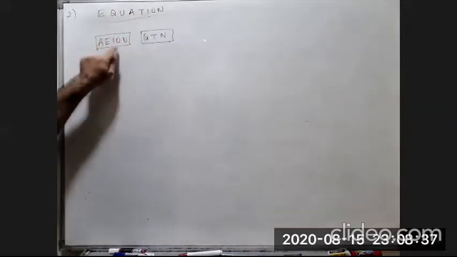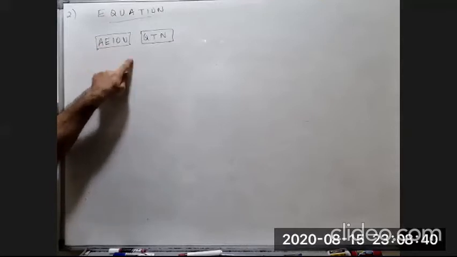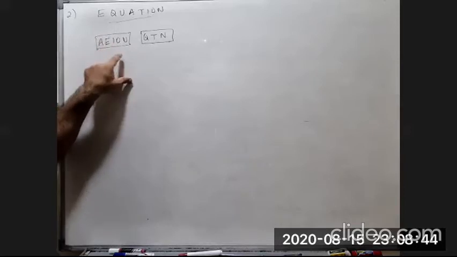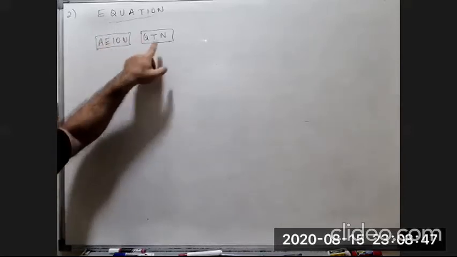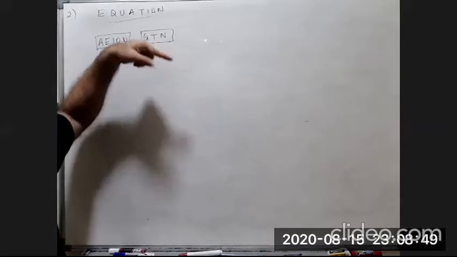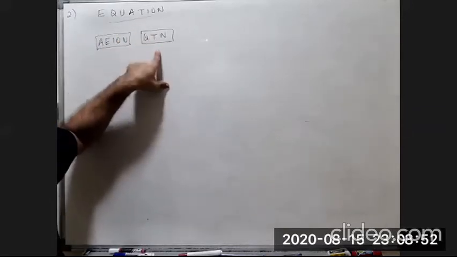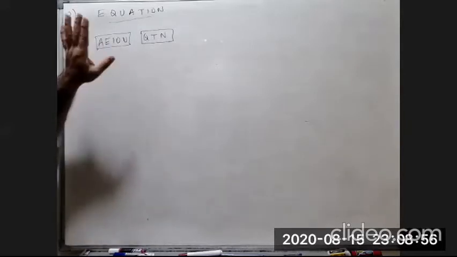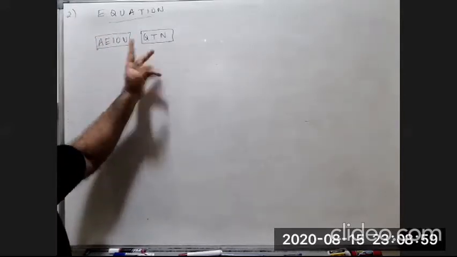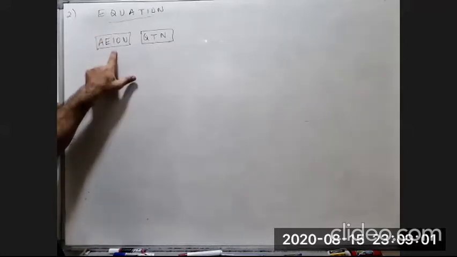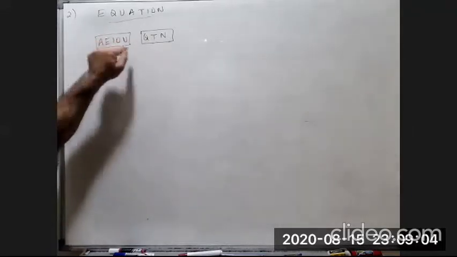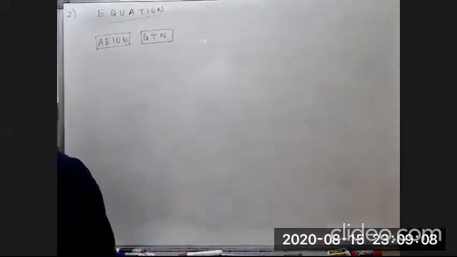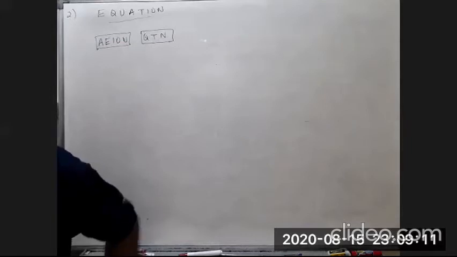Then within this box, the 5 vowels inside that box can be arranged in 5 factorial ways. These 3 consonants within the box can be arranged in 3 factorial ways. So total number of arrangements will be 2 factorial, these 2 boxes, into 5 factorial into 3 factorial. So draw this figure and write the answer. Draw the figure.